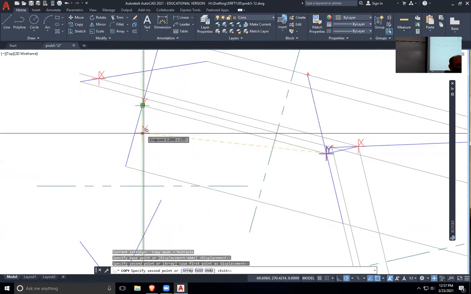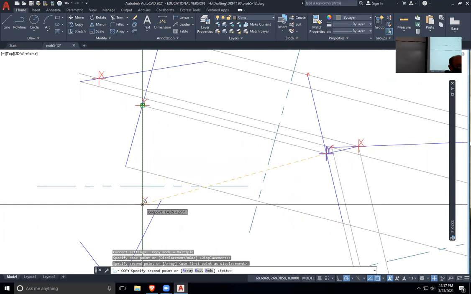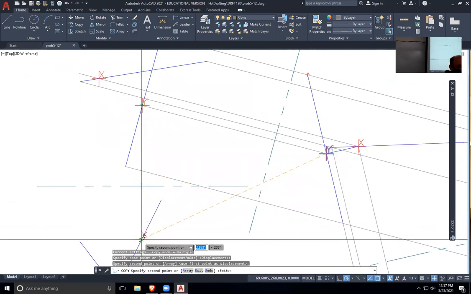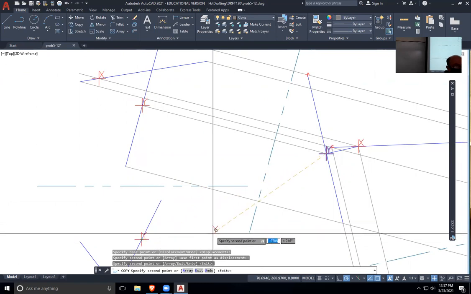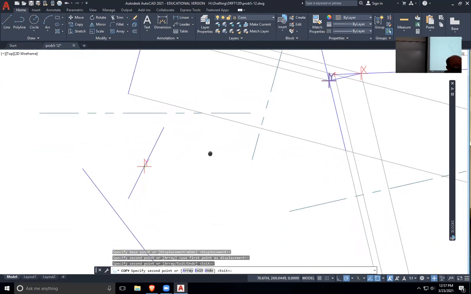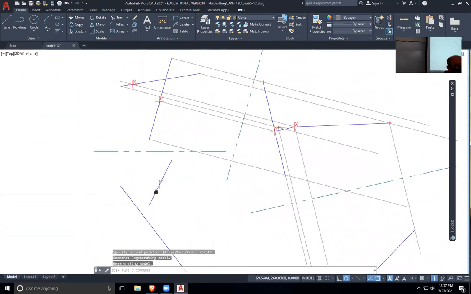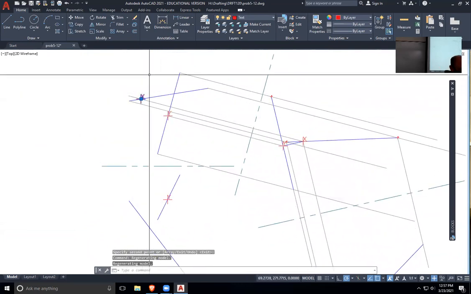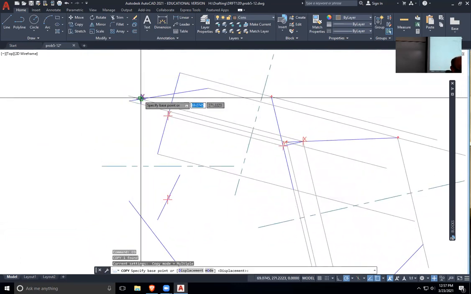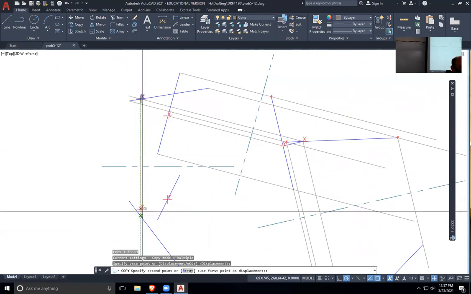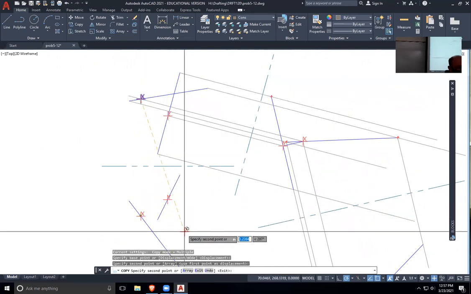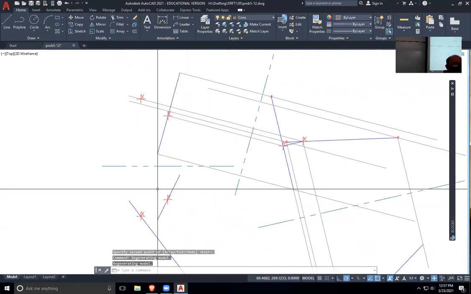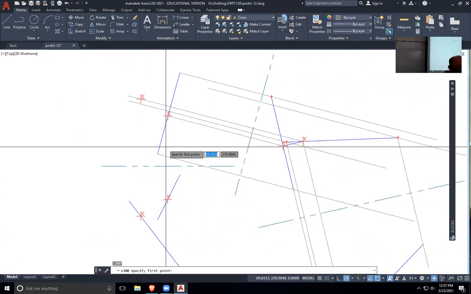Suppose I could get Y in that view, and X in that view. Draw the last line.